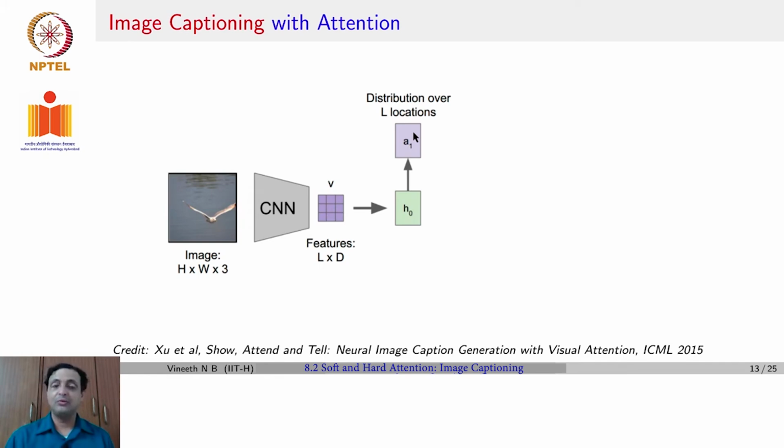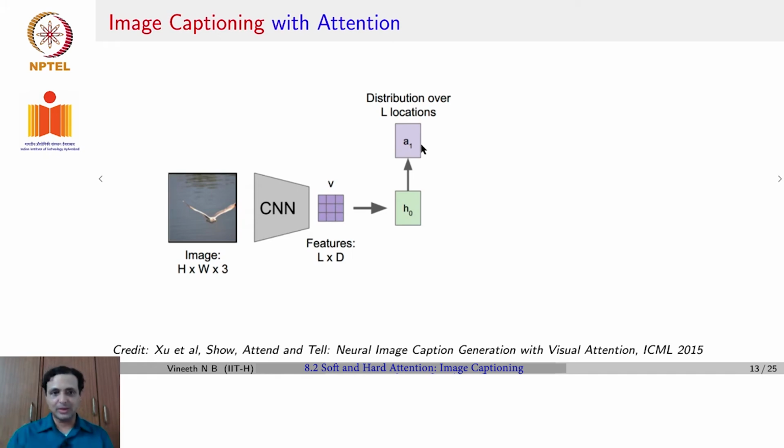This time, we are going to ask the RNN to generate a distribution over L possible locations. What are these locations? These are the locations of each of these grids in the feature map. So we're going to ask the RNN, can you give me a softmax vector which distributes attention over each of these grid locations? What do we do with this A1?